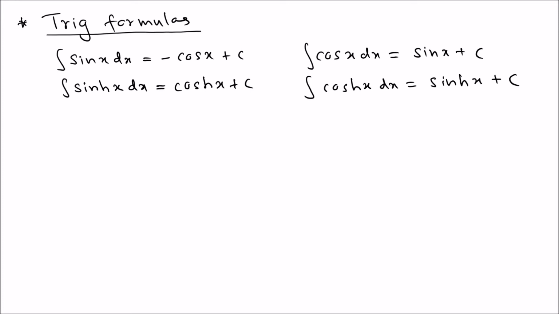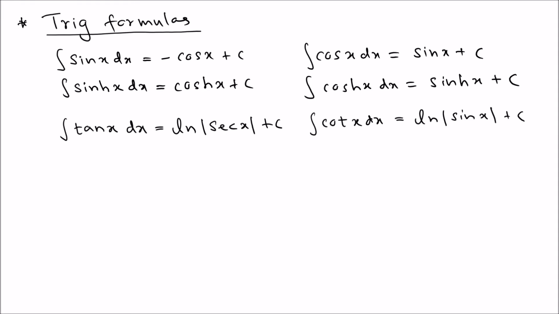And then let's go to tangent, cotangent, secant, and cosecant. We have tan x dx, which is natural log of secant x plus c. And then cotangent x is natural log of sin x plus c. Remember, there are absolute value signs in both. Next we have secant and cosecant.